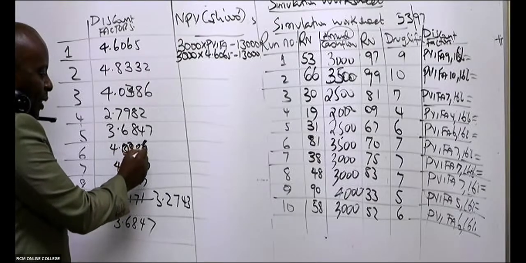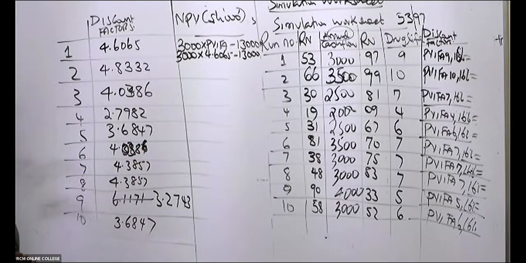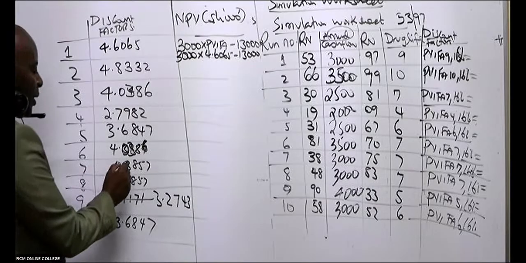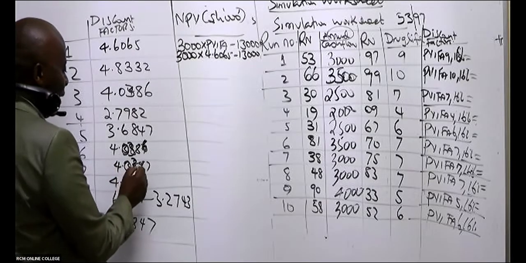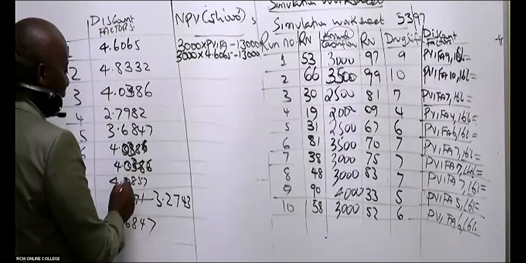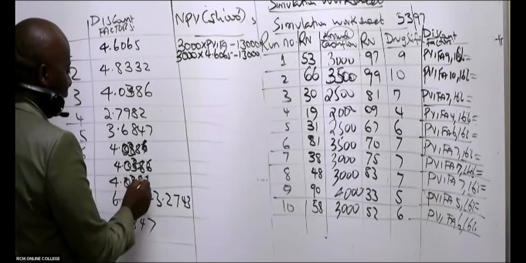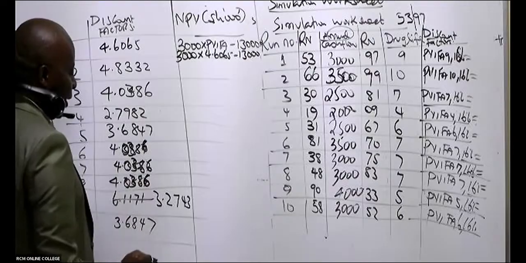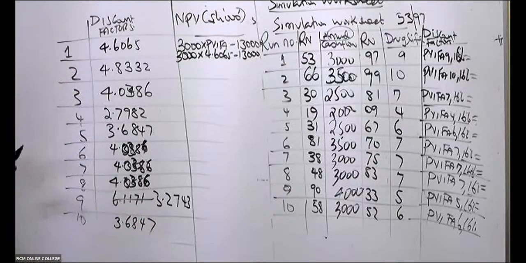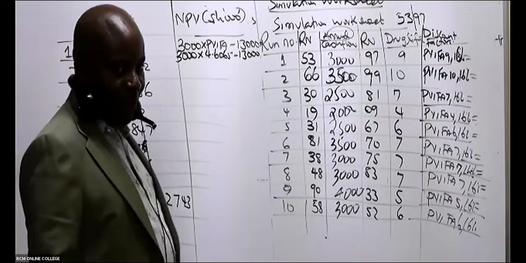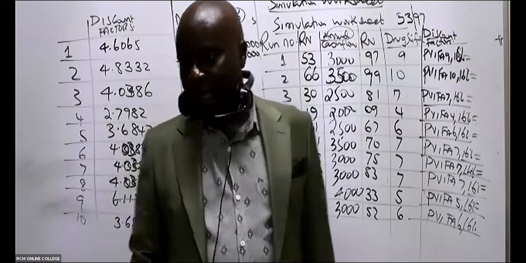Yeah, 4.0386. Check again, that after 5, the number coming up is bigger than 5, so we round upwards, 6 years.